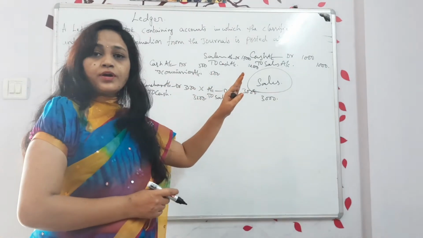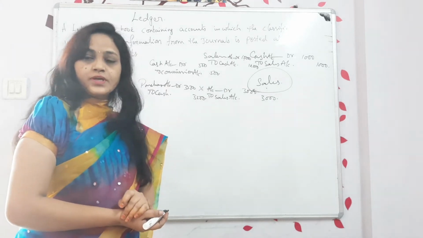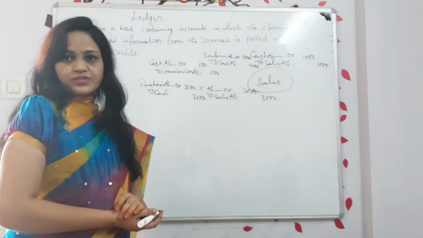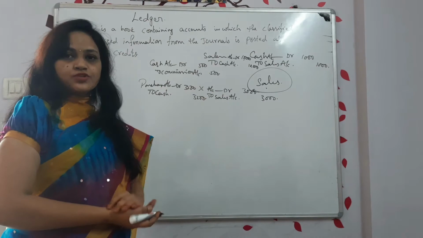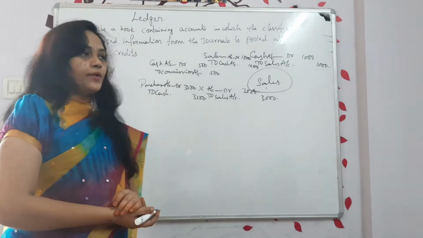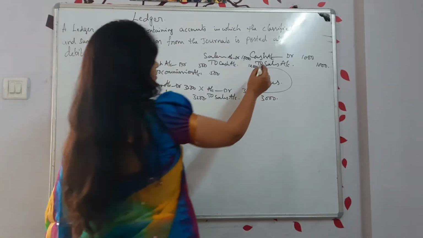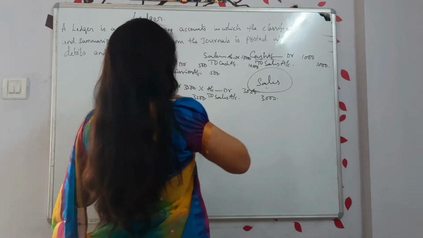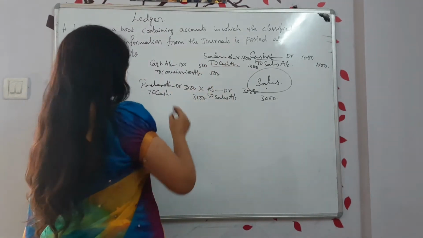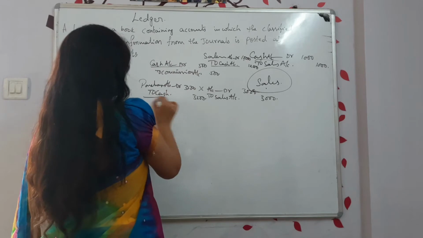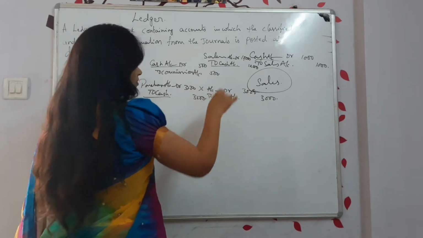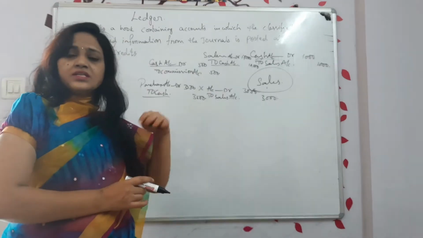Now I want to find out what is the total cash I have received, or what is my total cash transaction today, or how much total payment I should make, or have made. Is it easy for me? Here one cash is there, here I have received, here one more cash, here I have paid, here I have received again, here I have paid again. Like this, so many are there. Is it so easy?